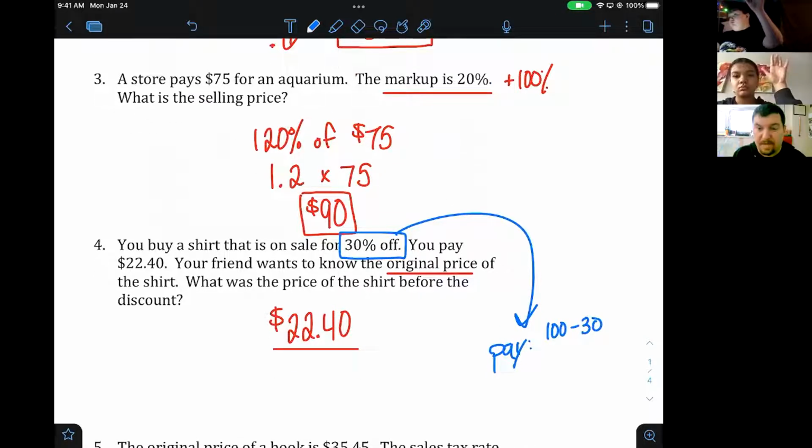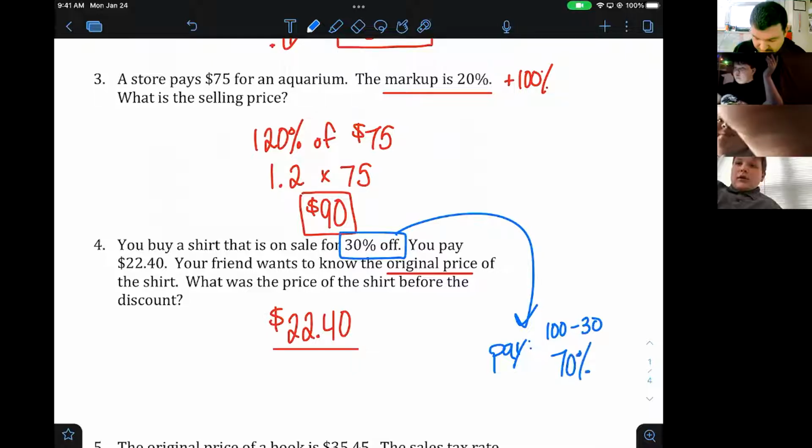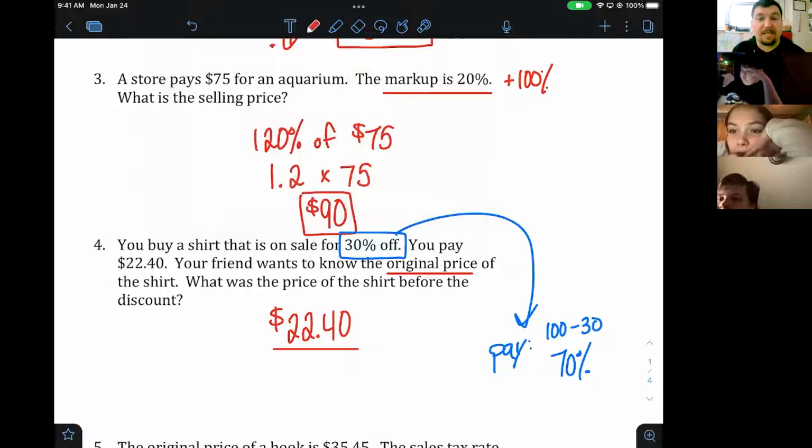Nick? 70. Anybody, just shout it out. 70%. 70%, exactly. So if it's on sale, 30% off, you're paying 70% for it. So instead of multiplying by 0.7, we're going to divide by 0.7 because we're going back in time. Okay, so 22.40 divided by 0.7 or 0.70, same thing, will give us $32.